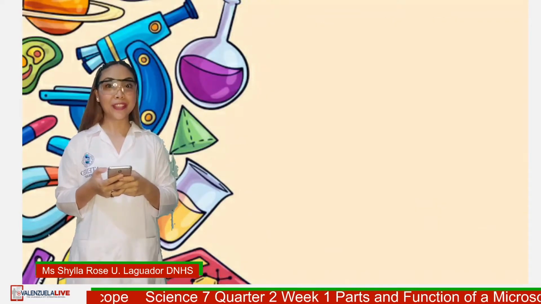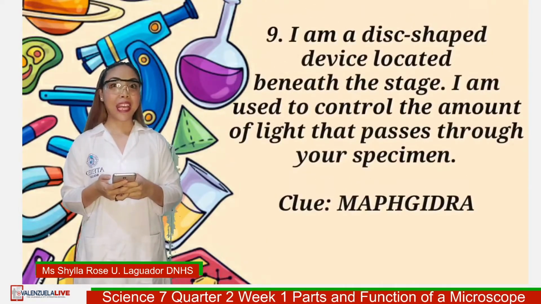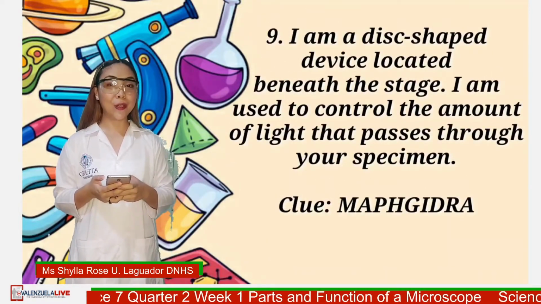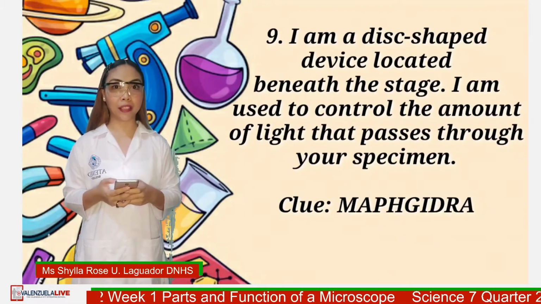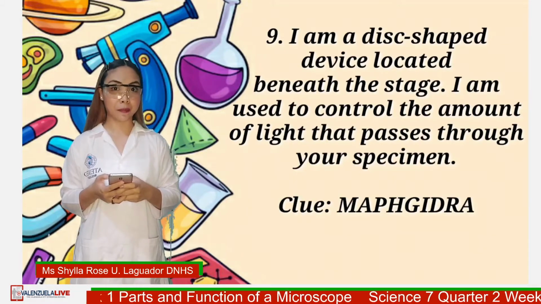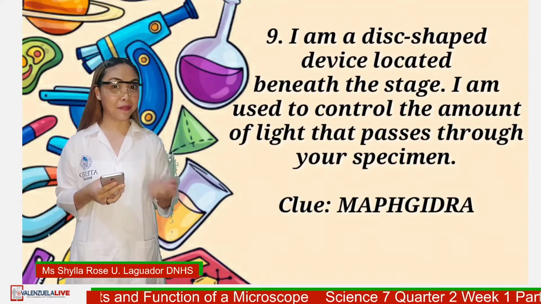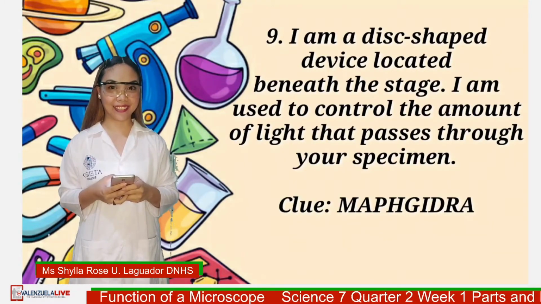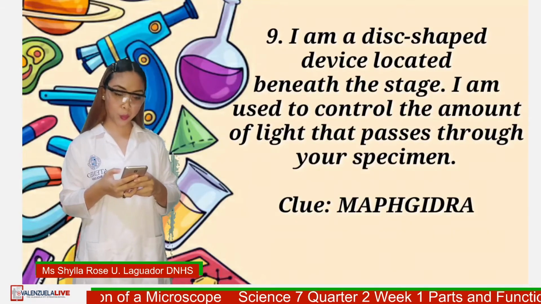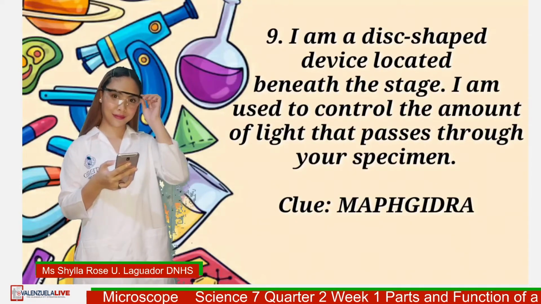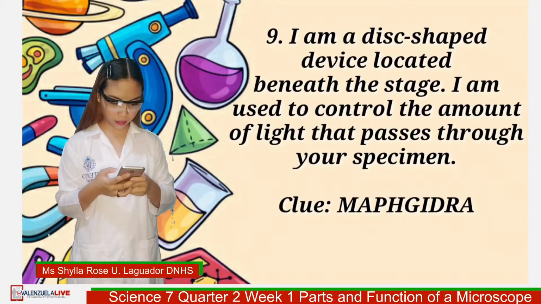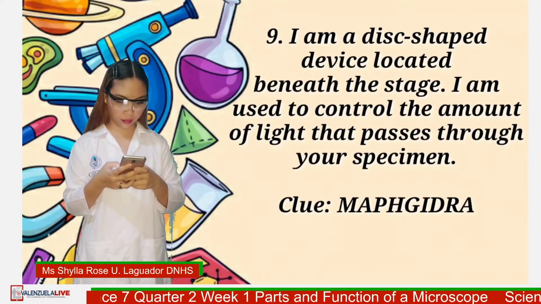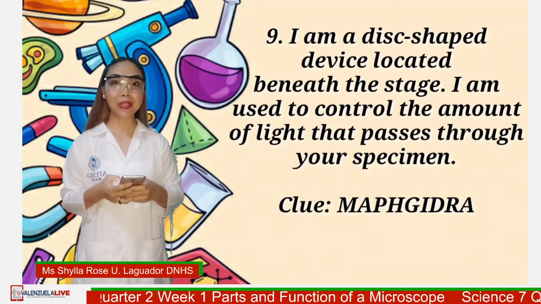Okay? Riddle number 9. I am a disc-shaped device located beneath the stage. I am used to control the amount of light that passes through your specimen. Guess who I am? Your time begins now. Time's up.